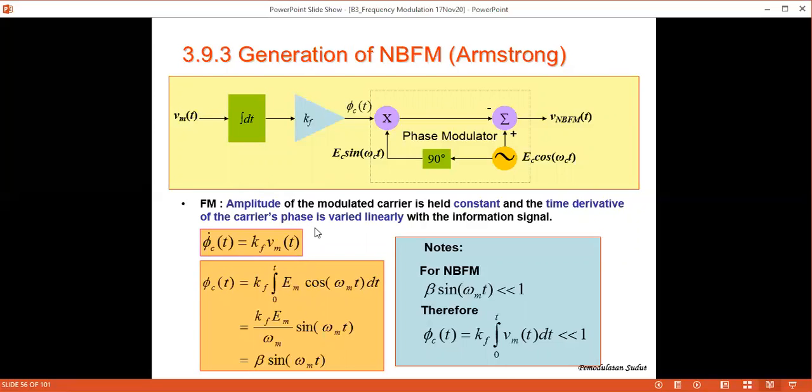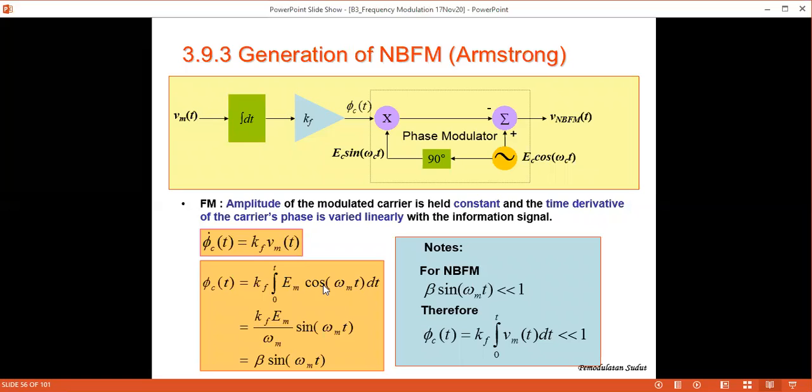First, let's refresh some concepts that we learned in our last lecture, last week. This is our frequency deviation, which is equal to KF VMT, and the phase deviation is KF times the integration of our VMT dt.